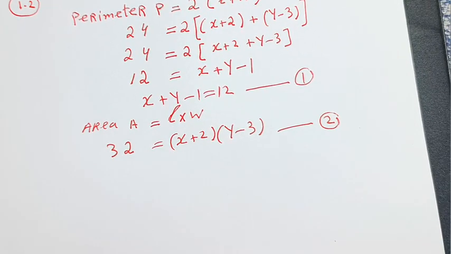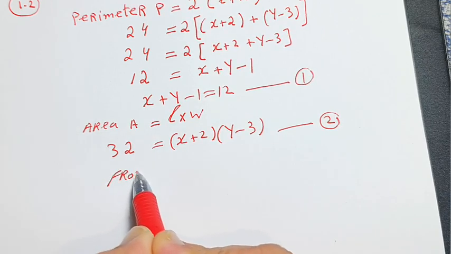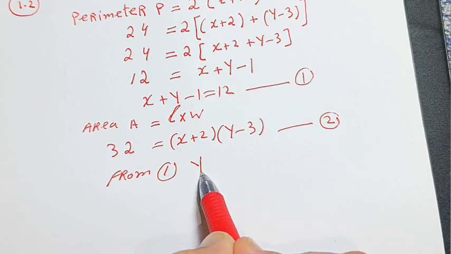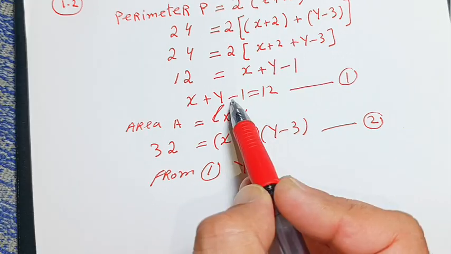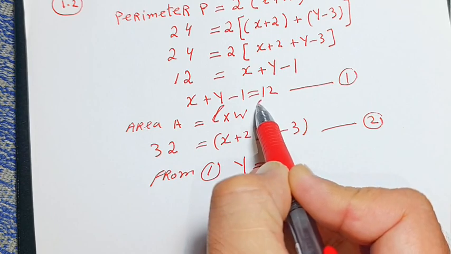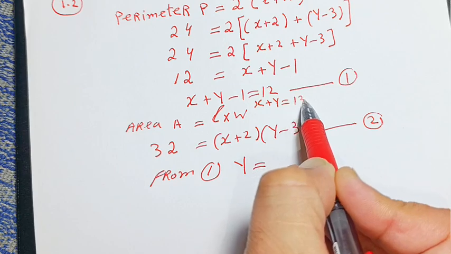So from equation 1, I'm going to isolate the y. Sorry for that, this negative 1 I can pull over, that shall become x plus y is equal to positive 13.